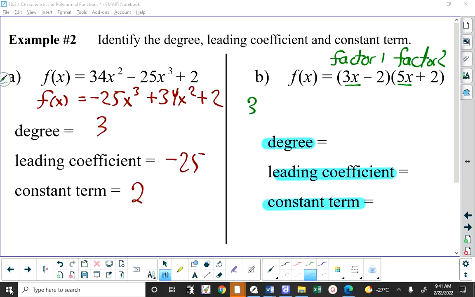When I take 3x times 5x and get 15x squared, just think about this for a second. I've multiplied the highest degree term in one factor by the highest degree term in the other. That has to give me the highest degree term in the product, which means the degree is 2, the leading coefficient is 15.